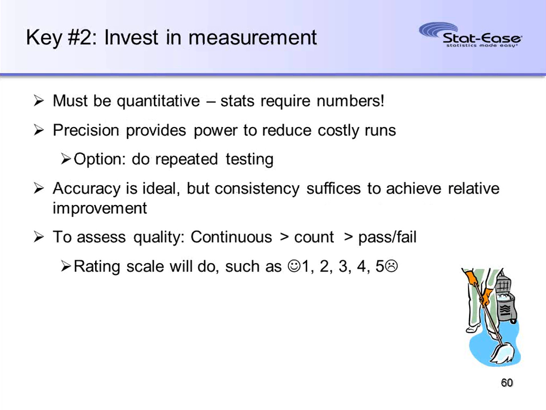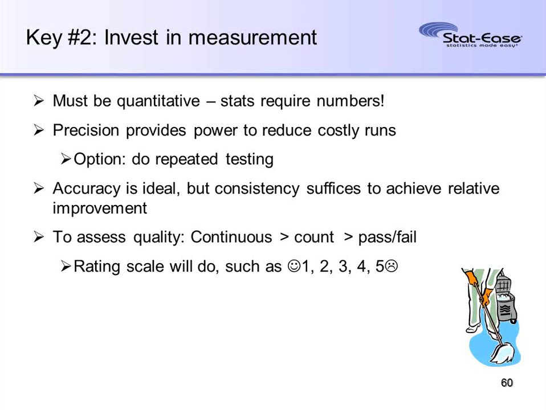You need to invest in the response measurements. Those responses need to be numeric, quantitative. The statistical analysis requires numbers. We can't analyze text very well. So if you currently say something is either a pass or a fail, well, you're going to need to turn that into a number somehow.